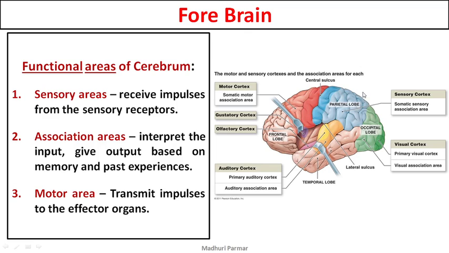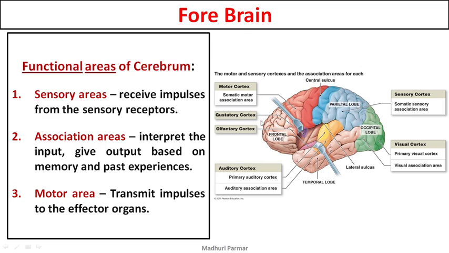Clear? Now let us understand by associating the functional areas with the structural areas. Okay, we shall start with the frontal lobe. The frontal lobe is mostly associated with decision making. It is an association area.